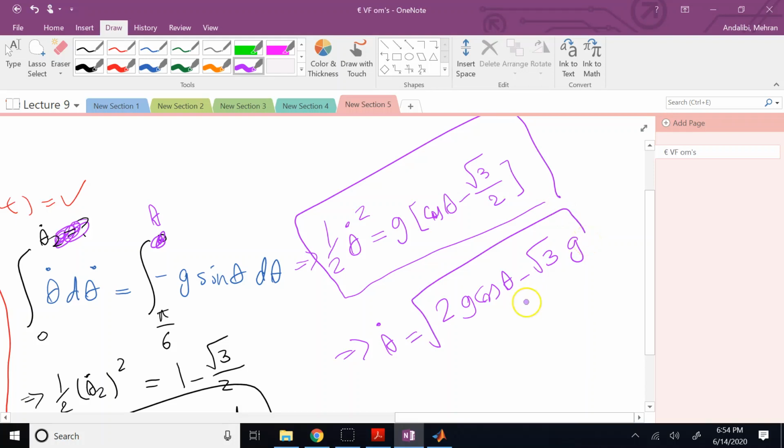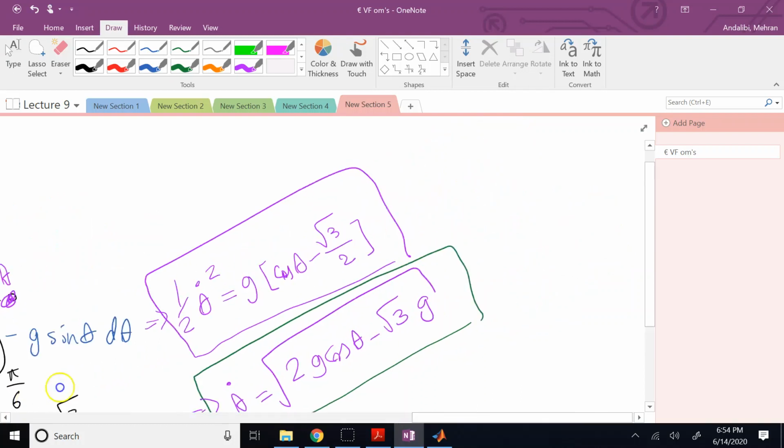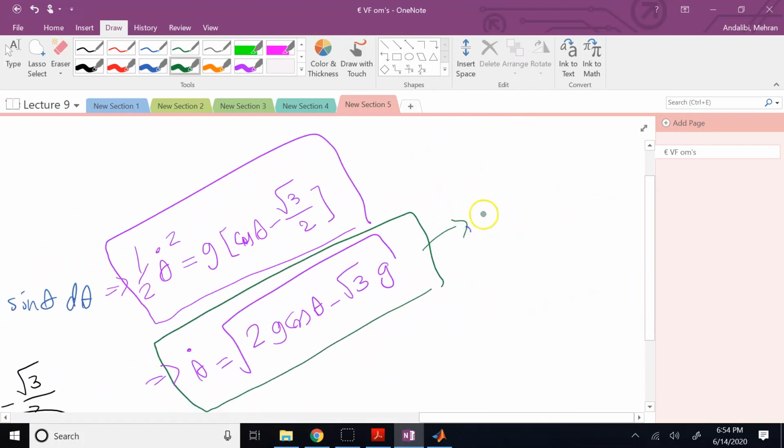And if you choose one of them, you might wonder, can I solve this one now? This is a first order ODE and nonlinear. Can I solve it? And the answer is again no. There is no way that you can even solve a first order ODE like this.